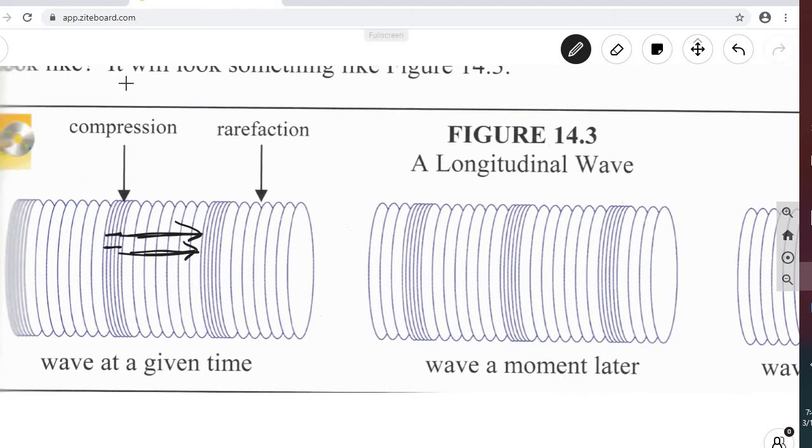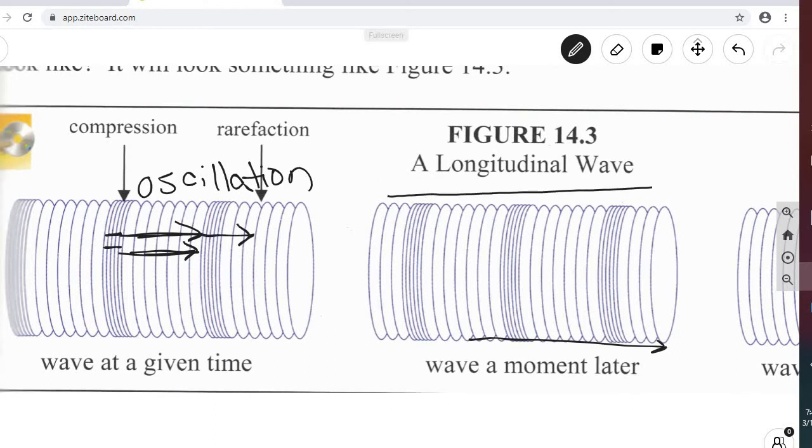And then at the same time, the slinky as a whole is also moving in this direction. So the oscillations of these individual wires in a slinky are in this direction, and then the slinky as a whole also moves in that direction, so that's the propagation. So the oscillation and propagation are parallel to each other. So that is an example of a longitudinal wave.